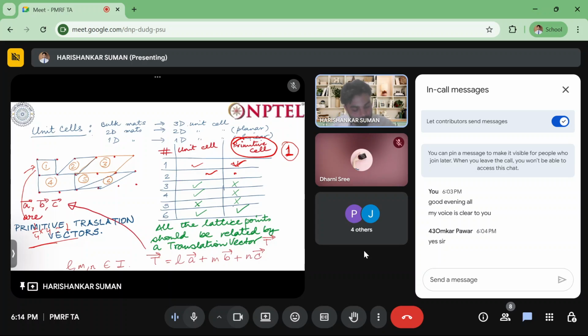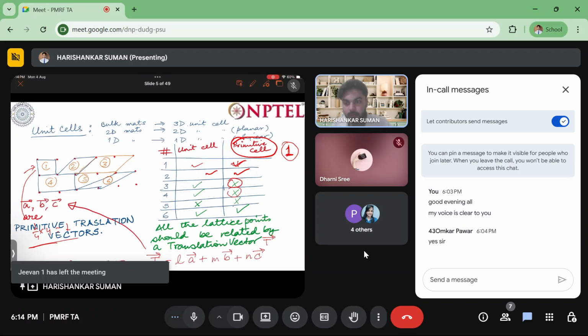The third is also a unit cell, but not a primitive unit cell. Why? Because it has more than one lattice point. The fourth is also like that, and the fifth is not a unit cell, as it can't generate the whole lattice space. The sixth is.